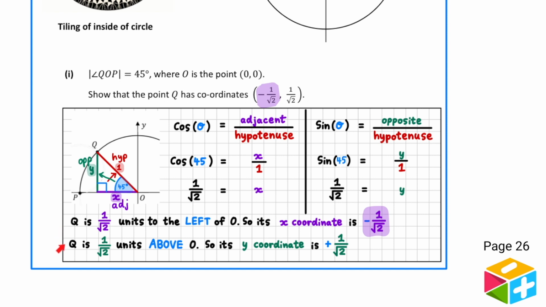We've also shown that Q is located 1 over root 2 units above 0. When we move upwards, it corresponds to a positive y value, so we can conclude that the y-coordinate is plus 1 over root 2.